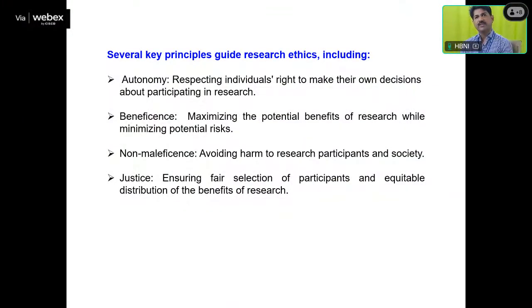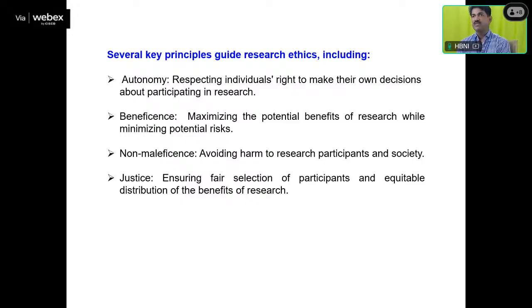I was saying that same example I'm just repeating to explain this particular principle, in which we have to balance between the benefits and burdens. Whenever we are developing a new medicine or drug, it will definitely have some good beneficial properties. Along with the beneficial properties, there may also be a little chance of some risks or side effects.